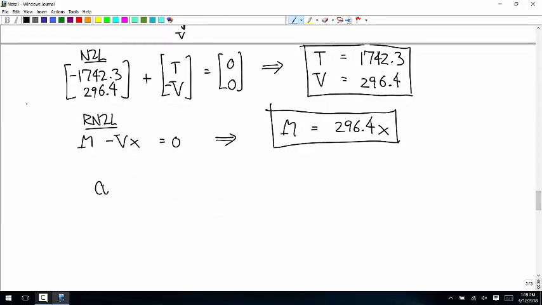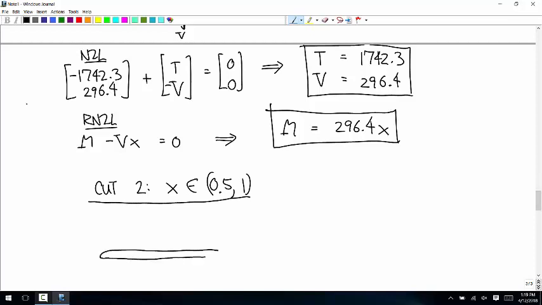And then the second cut, that's valid for x's between 0.5 and 1. So over here we have the force vector negative 1742.3, 296.4.